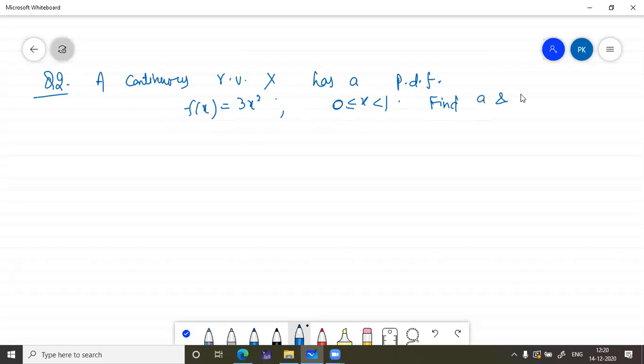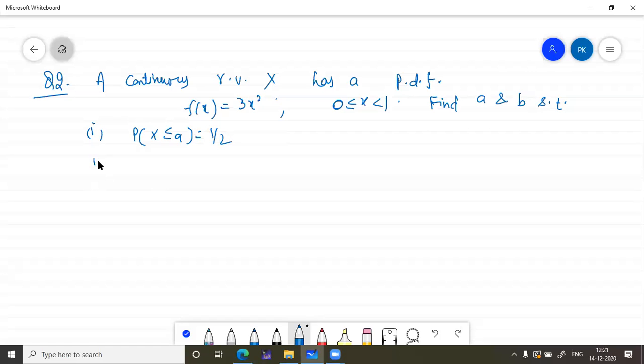Find a and b such that probability x is less than a, x is greater than a, is equal to half.